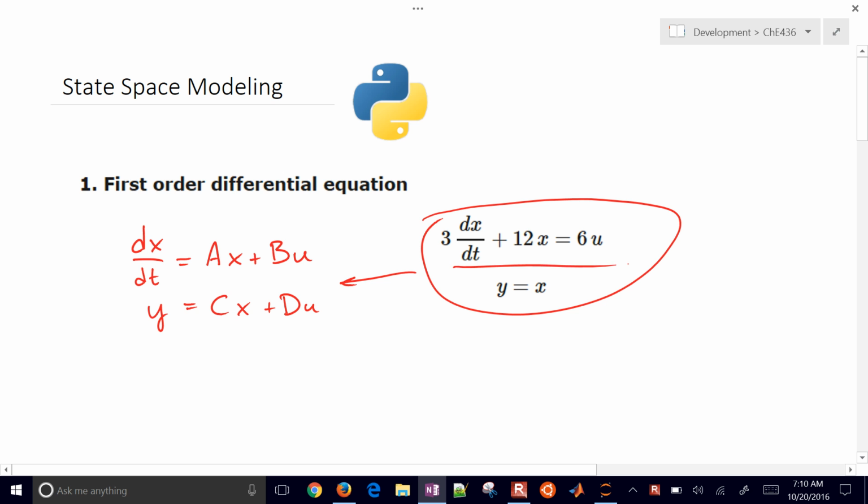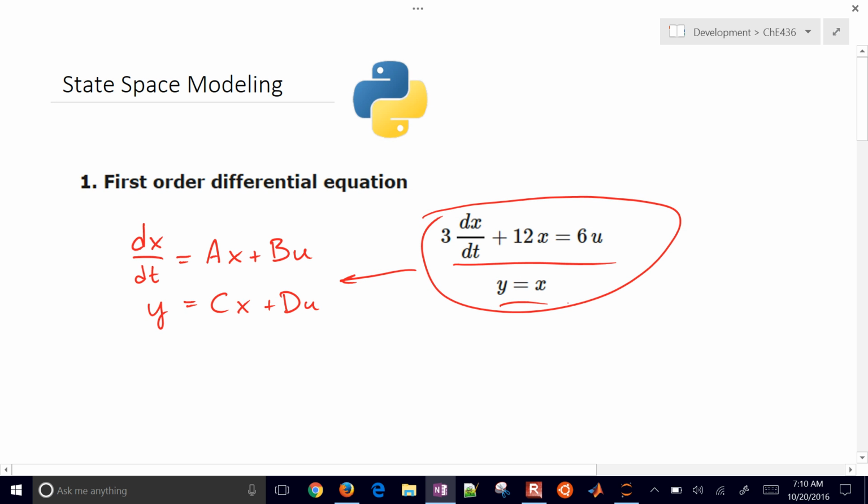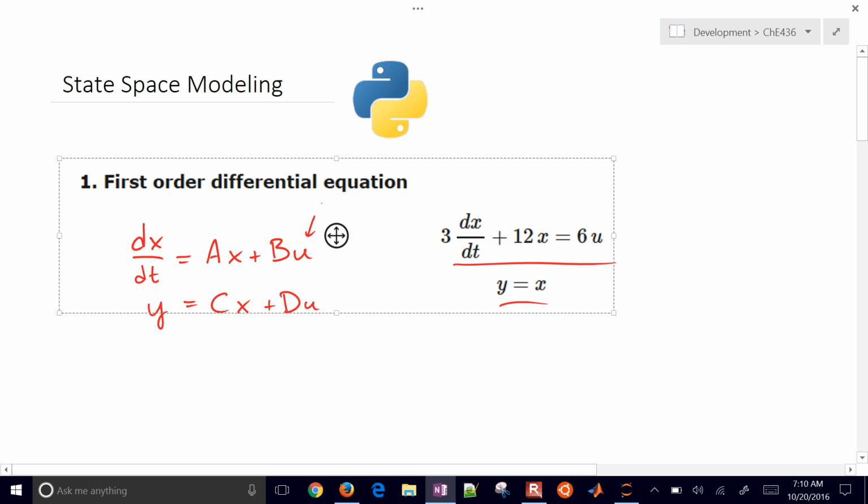this single differential equation and a single output equation, and in our state space form we typically have number of inputs u, we'll just call that m, number of states, I'll call that n, and then number of outputs, we'll have that be dimension p.